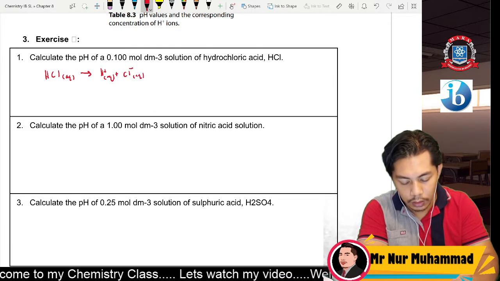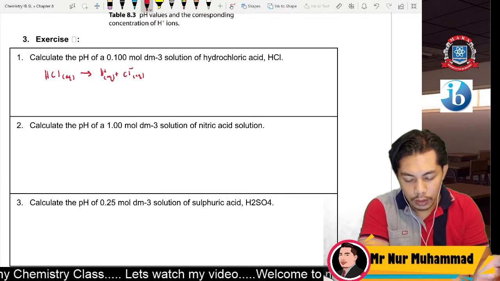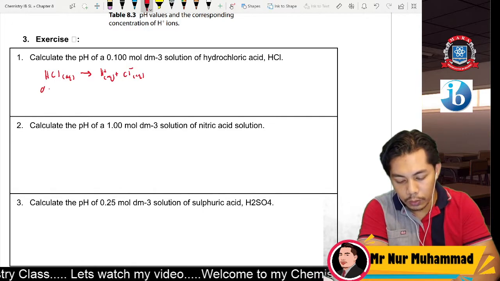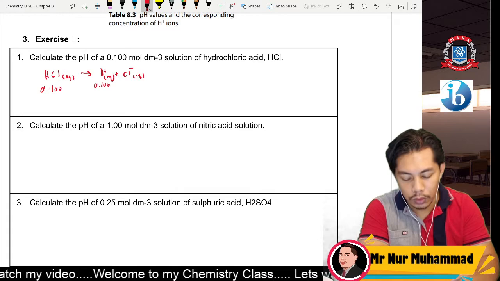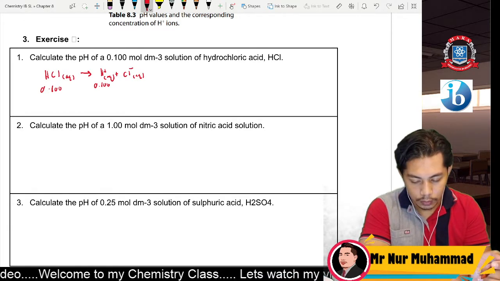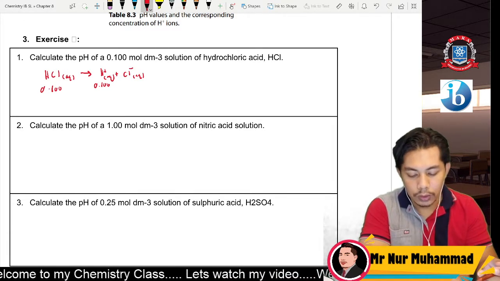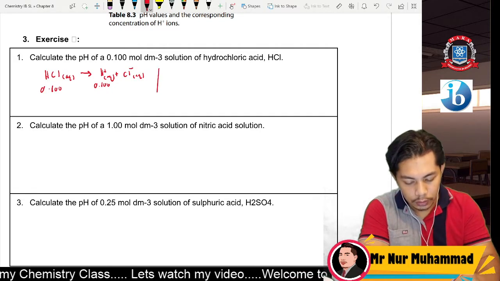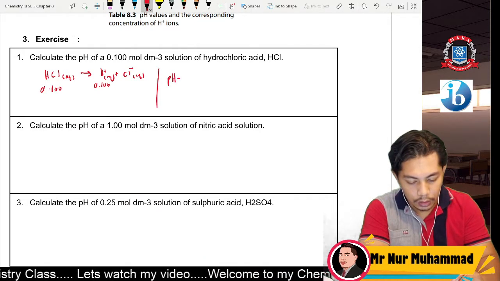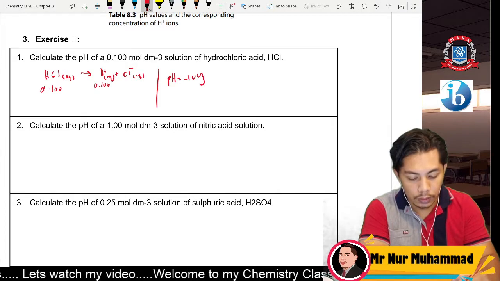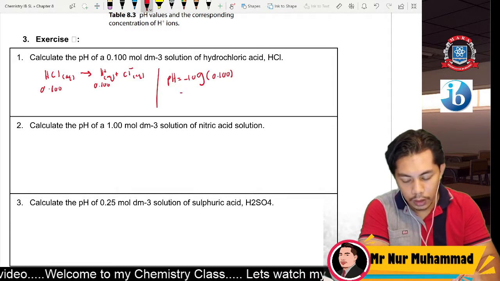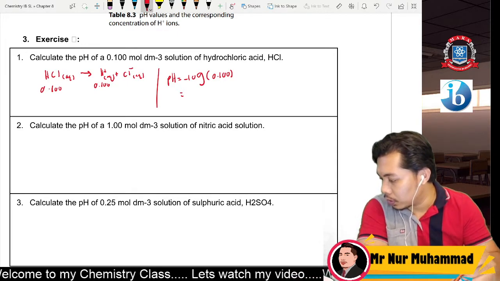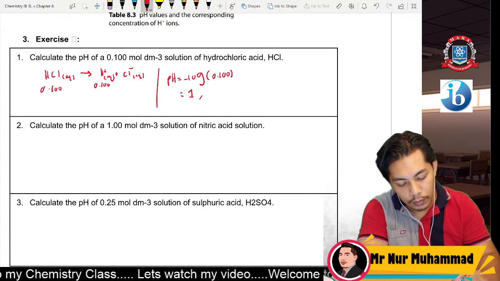It ionized completely, meaning this is monoprotic, so 0.100 HCl equals 0.100 hydrogen ion. Now we know the concentration of hydrogen ion, so pH equals negative log of 0.100. Then use your calculator and your answer should be 1.